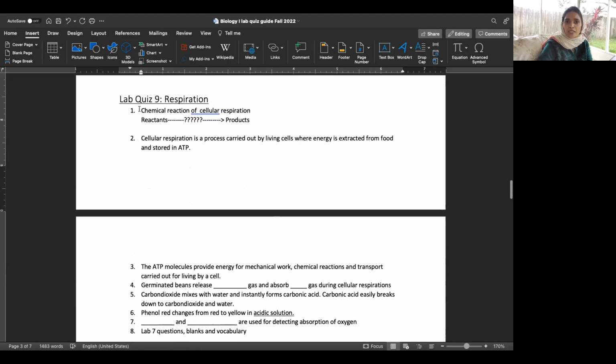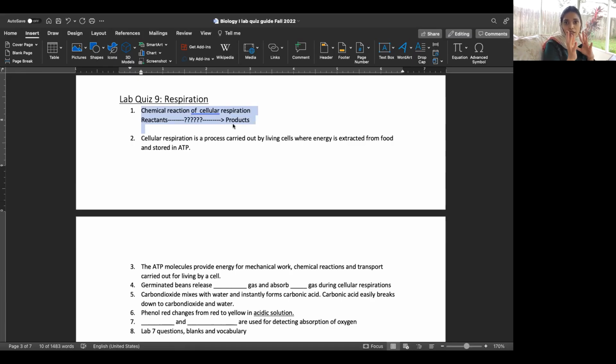Did you all memorize the chemical reaction for cellular respiration correctly? Correctly is the key here. You should know both the name and the molecular formula. And the chemical reaction for cellular respiration is slightly different from a photosynthesis chemical equation, guys.